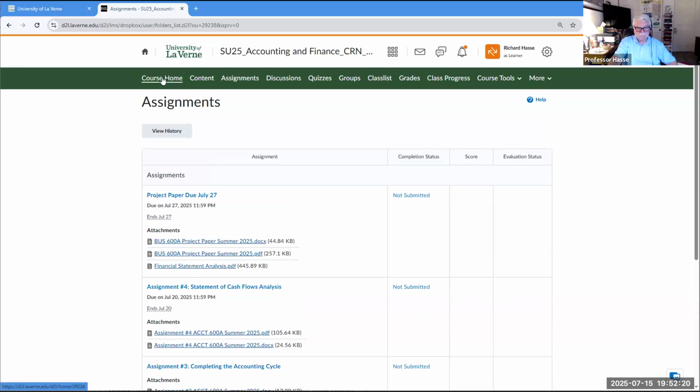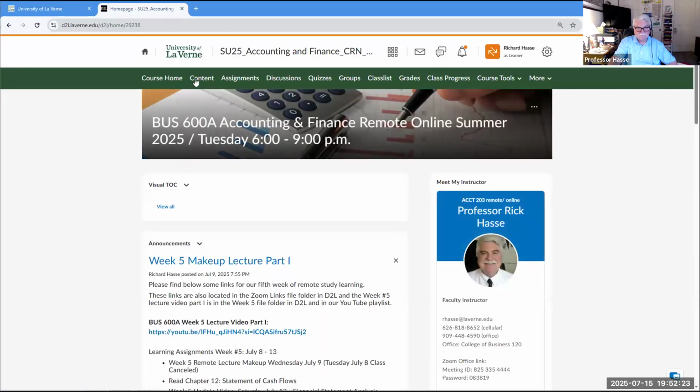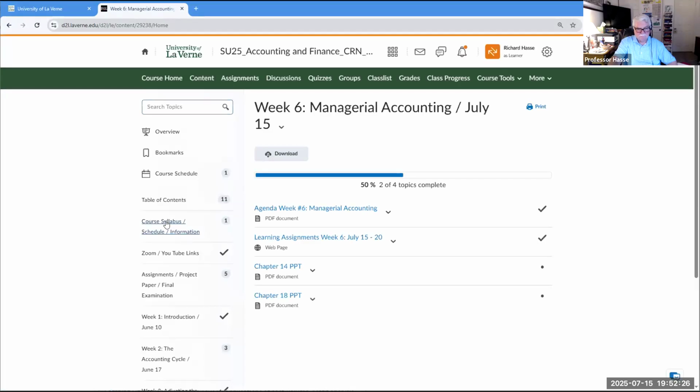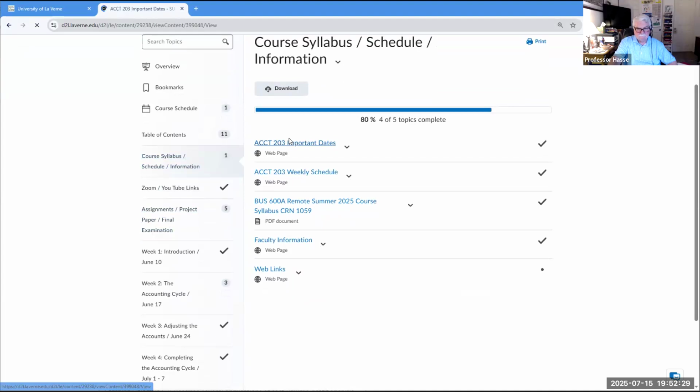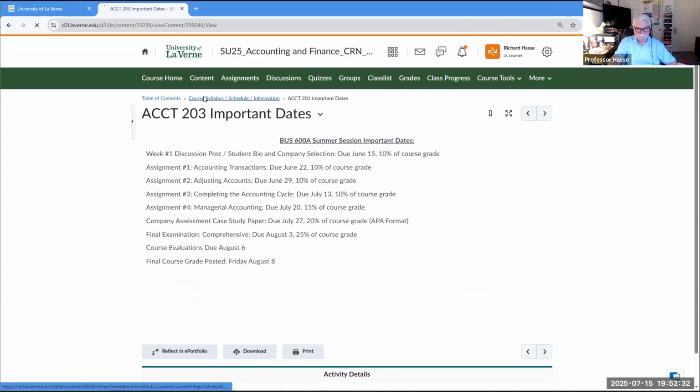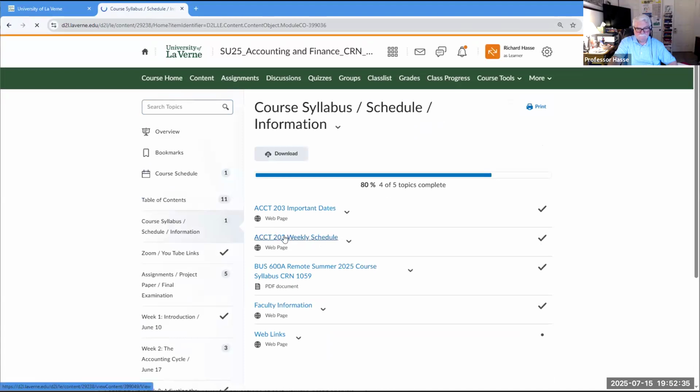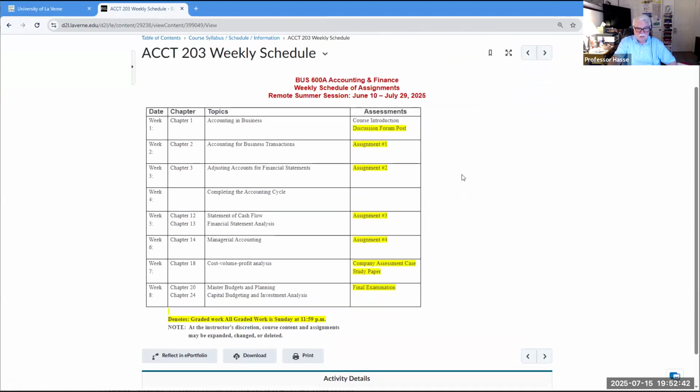At the same time, going forward, we have a final examination coming up in the last week of our course, where we're going to talk about mainly Chapter 14, which we talked about tonight, managerial accounting, the determination of costs, direct, indirect, product, period, fixed, variable, and those definitions.